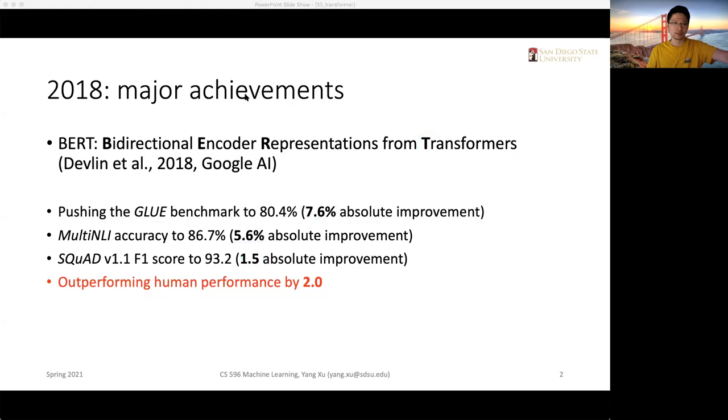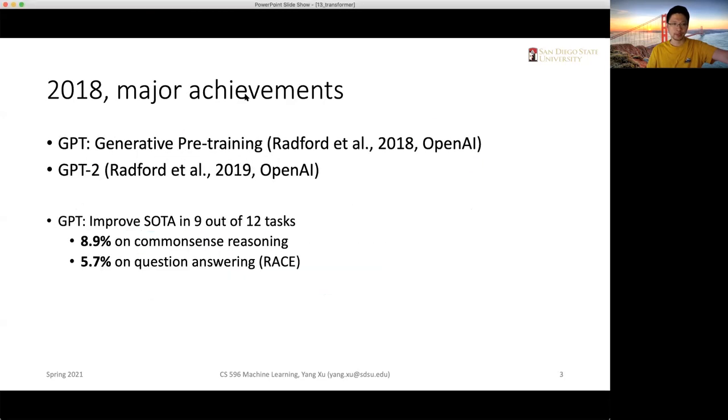Okay, and other than BERT, we have some variants of it. Actually, those types of models were developed simultaneously. They came out in parallel and by different companies. The GPT model, generative pre-training model, which also uses transformers, was developed by OpenAI. It was also released in 2018, and then GPT-2 in the next year, and now we have GPT-3, right?